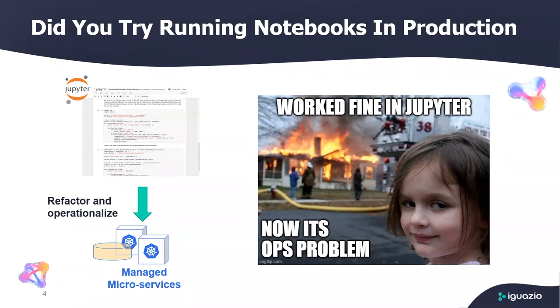There are some companies that try to take the notebook and run it in a container, but again, that doesn't scale. You need to try and break this monolith into individual steps of data acquisition, data preparation or feature analysis, training, validation, deployment of a model into an endpoint, and so on.